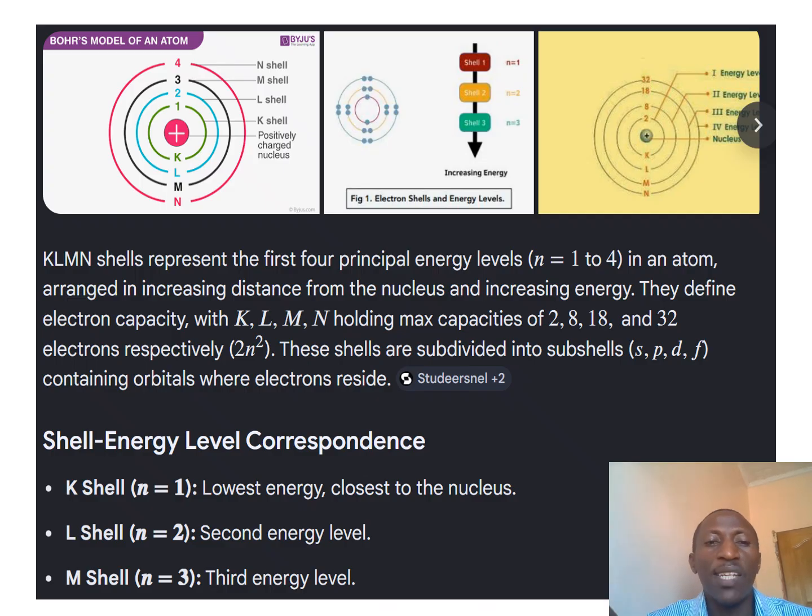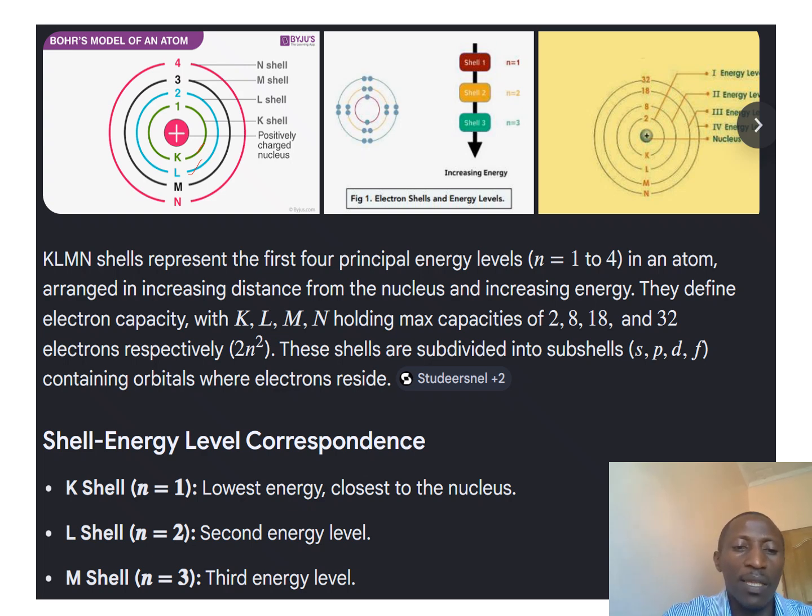We also like to have some diagrams here showing the arrangement of the energy levels. The first energy level being K, then L, M, and N. We also have the aspect of how the shells and the energy levels relate. This is something that is very important.